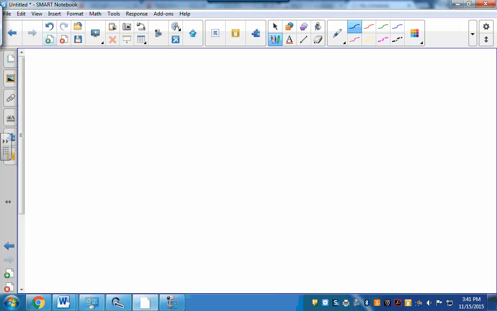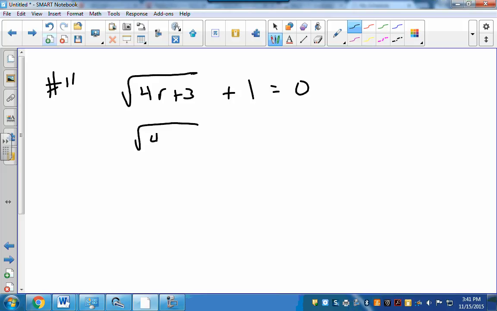Number 11 says solve square root of 4r plus 3 plus 1 is 0. Now the rule, again, isolate the radical. So we'll get square root of 4r plus 3 now is equal to negative 1, and we can stop here.